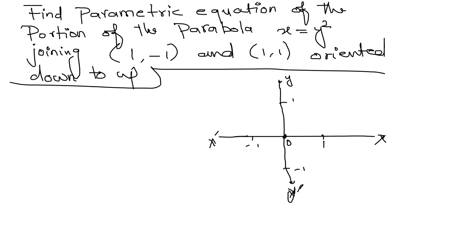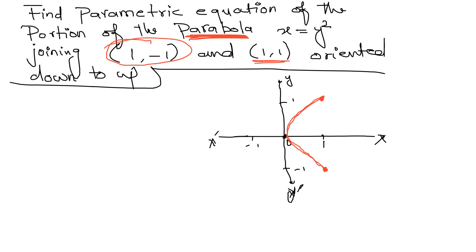The first point: x is 1, y is minus 1. The second point is 1 and 1. And we have the graph of the parabola. You have to remember the parabola is like this type of shape.